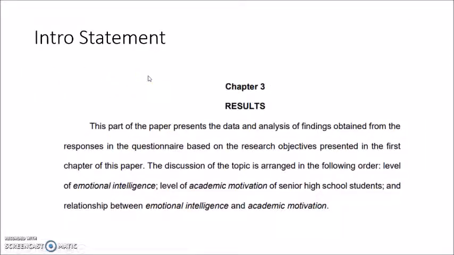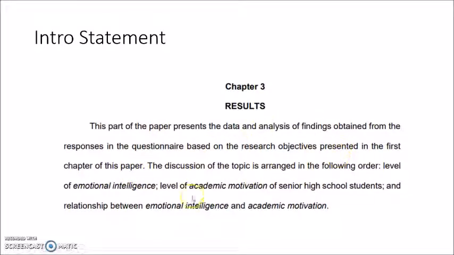Okay, the intro statement. So, unang-una yung Chapter 3, ganitong format niya. Ayan, RESULTS should be all capital letters or uppercase and nakabold silang dalawa. So, this part of the paper presents the data and analysis of findings obtained from the responses in the questionnaire based on the research objectives presented in the first chapter of this paper.